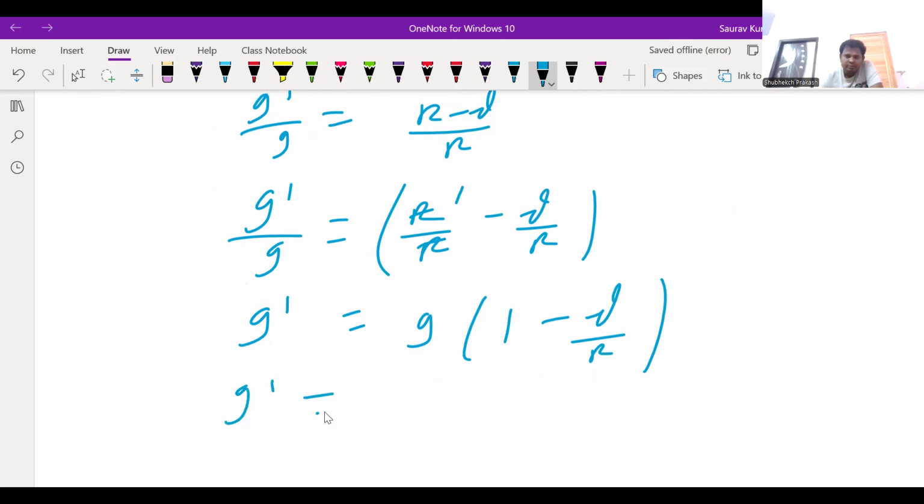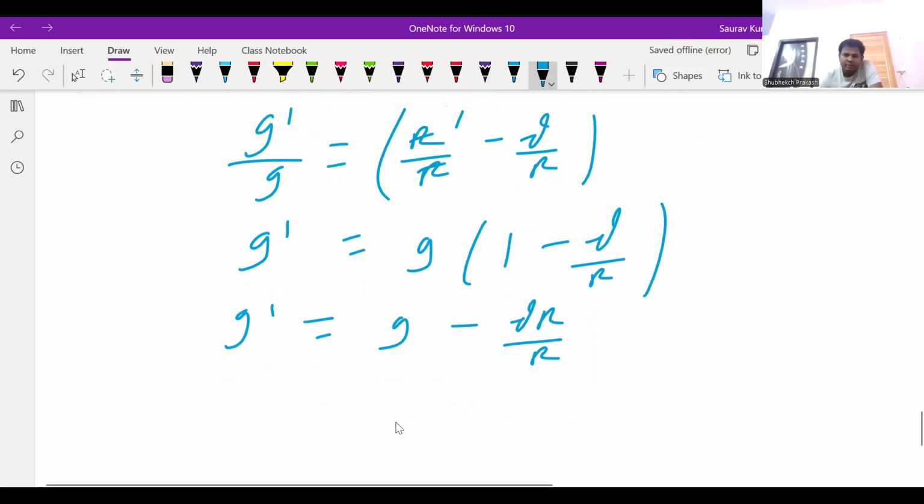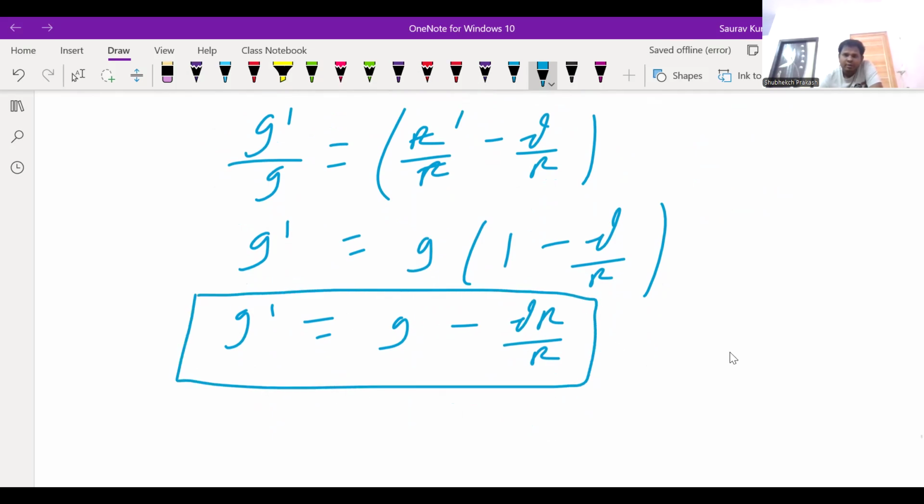Here g dash is equal to g into 1 minus d by R. From g, if you subtract anything, its value will decrease or not? From this equation, I think this will be equation 5.